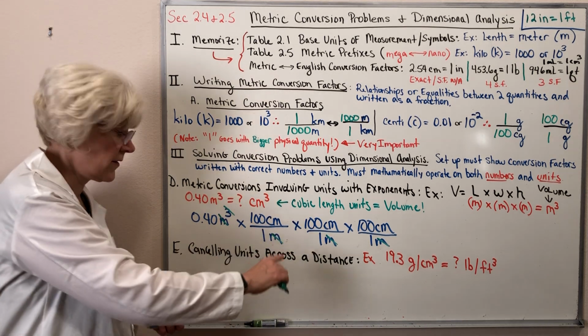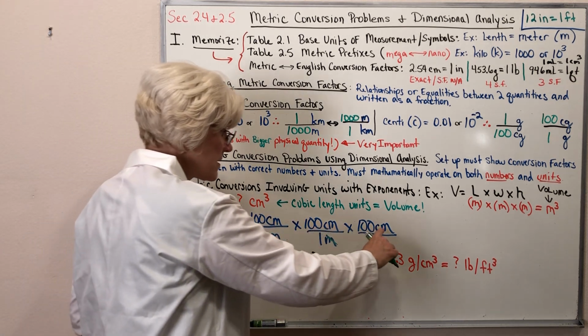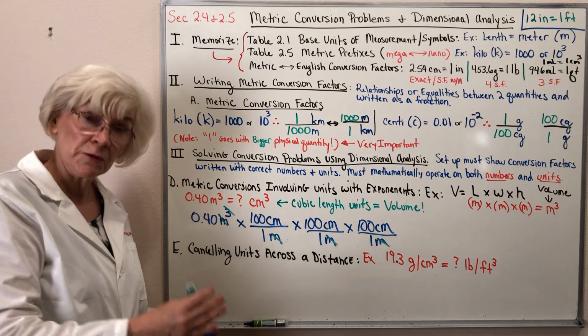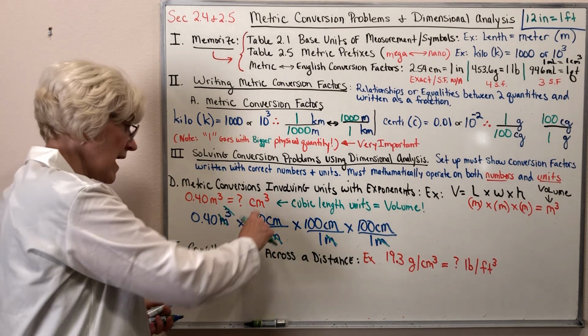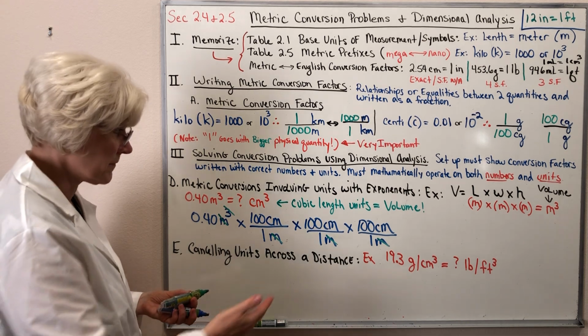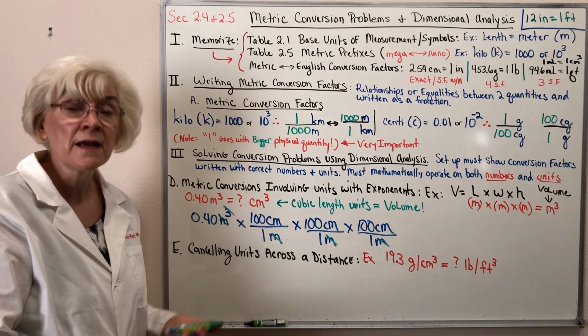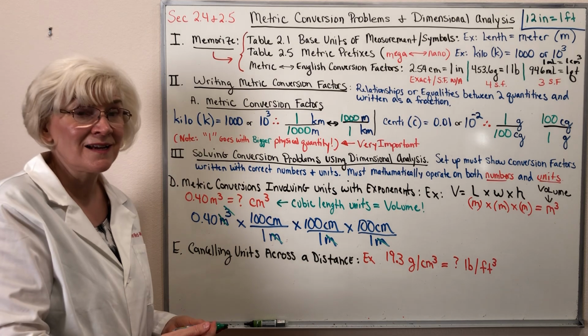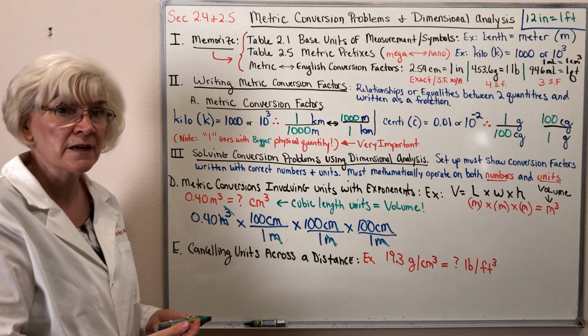Looking at our numerator, centimeters times centimeters times centimeters, cubic centimeters, which is exactly what you've been asked to solve for. Bingo! Our setup is telling us, the dimensional analysis is telling us that we're done with this calculation.